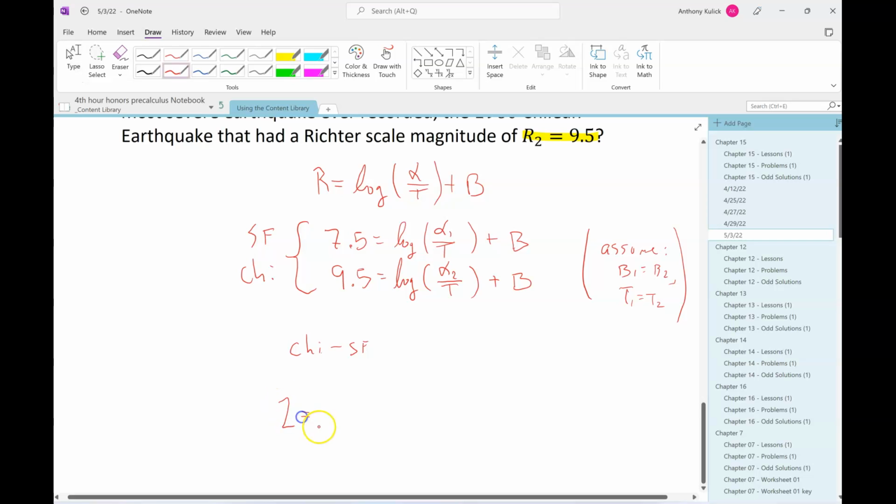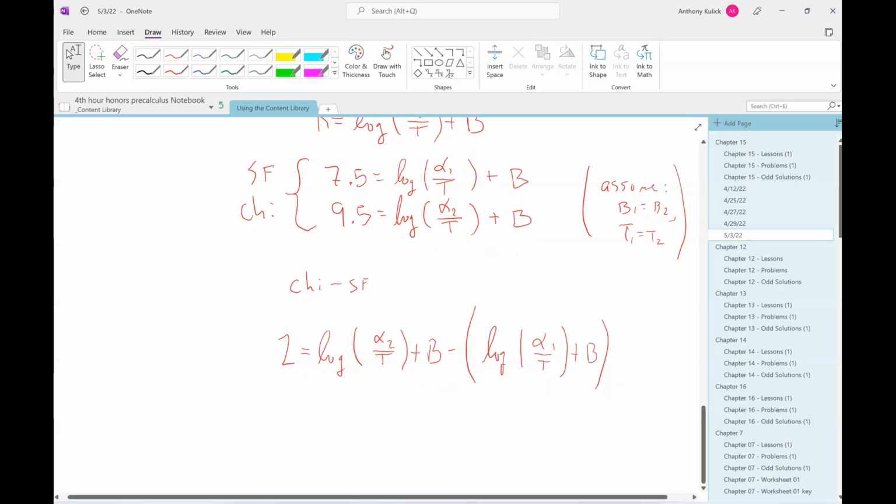So 2 is going to equal log of alpha 2 over t plus b minus the quantity log of alpha 1 over t plus b. Actually, maybe we'll write this 9.5 minus 7.5 here at the step, just to make it super clear.